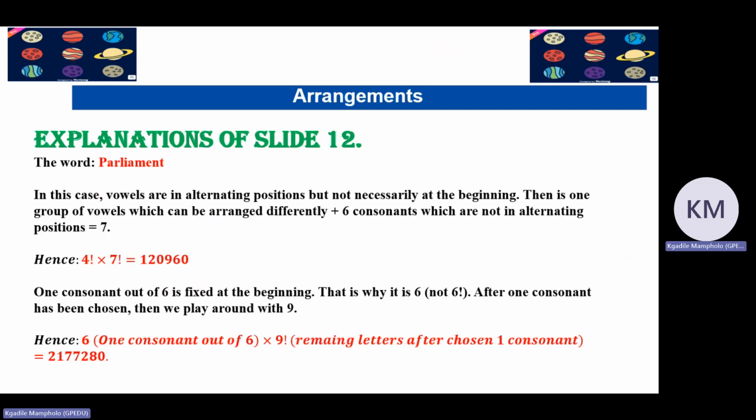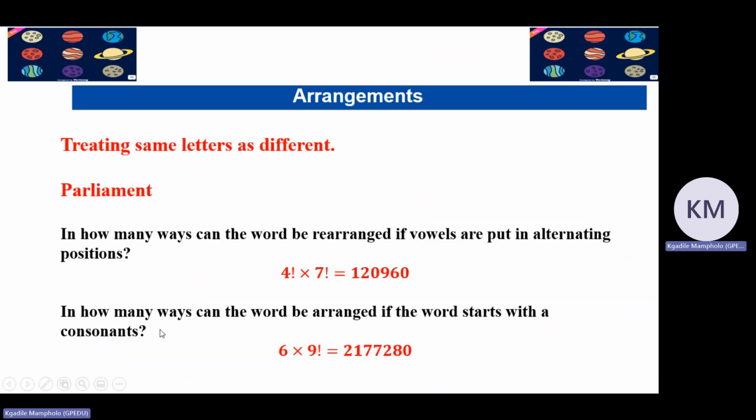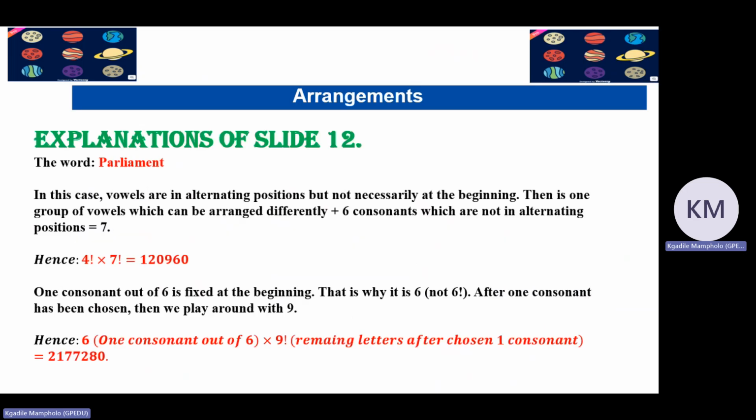Here I did an explanation of the slides. In this case, vowels are in the alternating positions, but not necessarily at the beginning. I'm explaining the 2 cases. The first one is 4 factorial times 7 factorial.